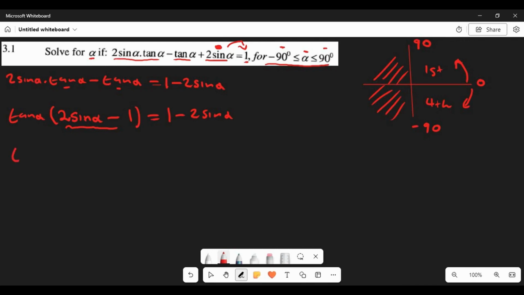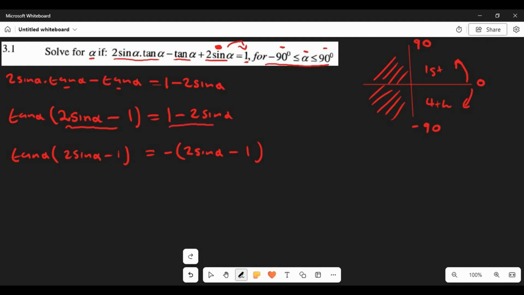If I continue, tan alpha multiplied by 2 sine alpha minus 1, and I take out the negative 1 on the right hand side, we'll have 2 sine alpha minus 1. There we go. If you take out the negative here, this side is going to change to look like that. I hope you can see that. Now the two sides look alike, and we are able to solve this problem.